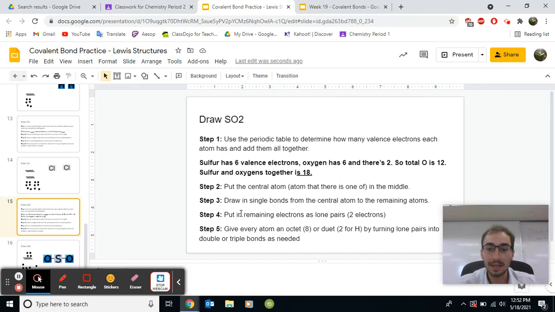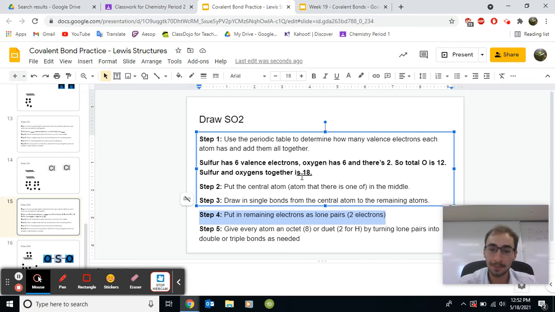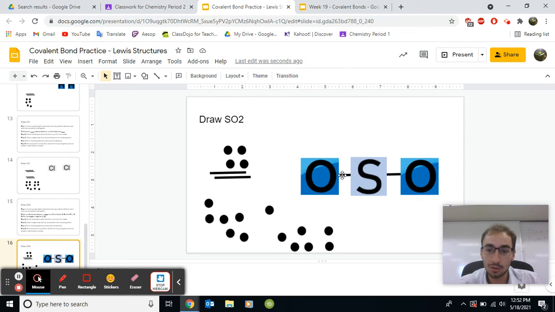Next, put in remaining electrons as lone pairs. So we have 18 total, and we just used 2, 4. So we used 4 total because each bond has 2. So we just used 4 and we have 18. That leaves us with 14 left.